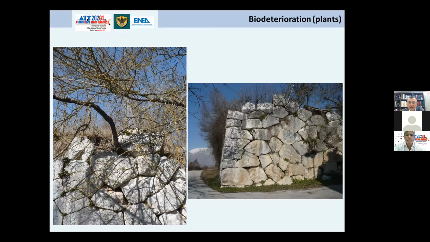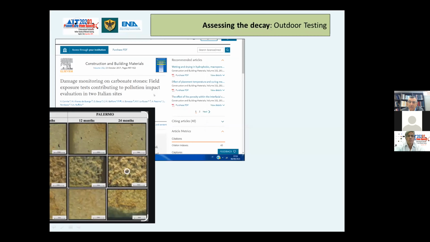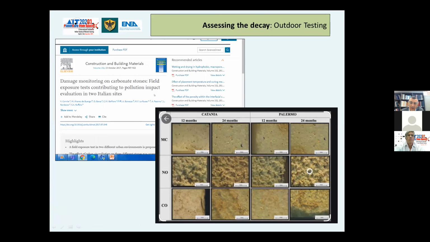These are some aspects related to structural aspects for walls, megalithic walls. Alba Fucens is this example. And another very interesting possibility of this area of remote sensing is assessing the decay. In the past, outdoor stations have been used in which samples were exposed to open air, and we have several examples in this area.